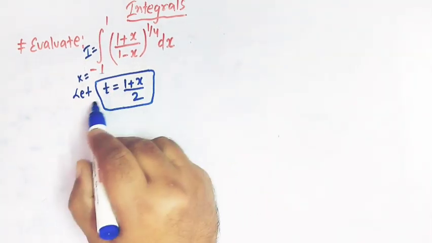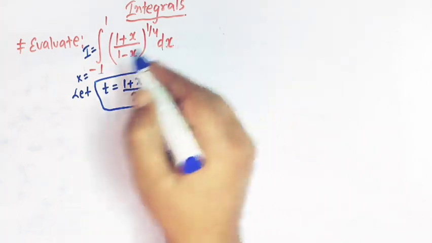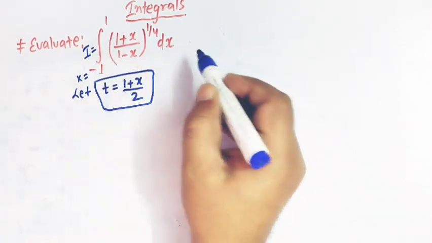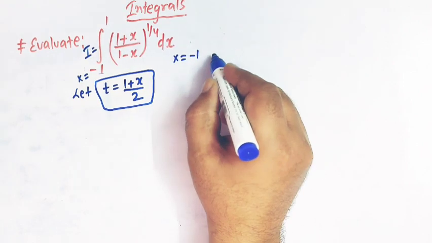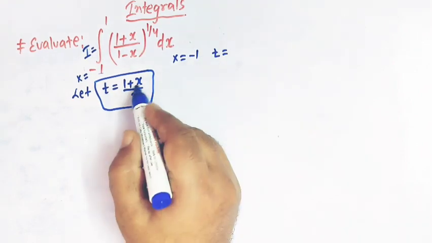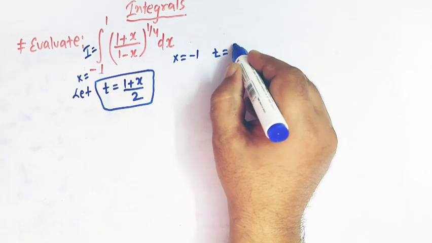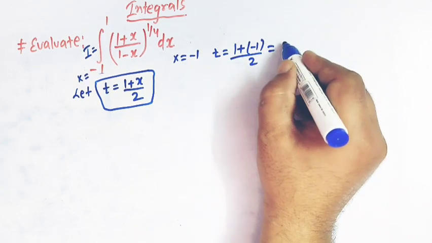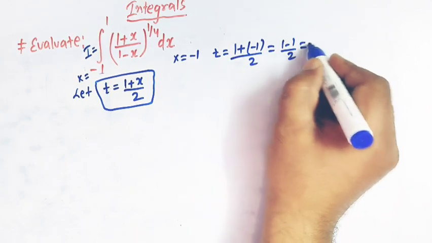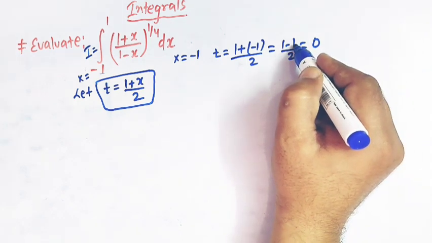So here we are making this substitution, t is equal to (1 plus x) over 2, and let us change the limits accordingly. So when x is -1, then the value of t can be obtained by taking x is equal to -1 in this result. So we have (1 plus -1) over 2, that is (1 minus 1) over 2, that is 0, because 1 minus 1 is 0, right?